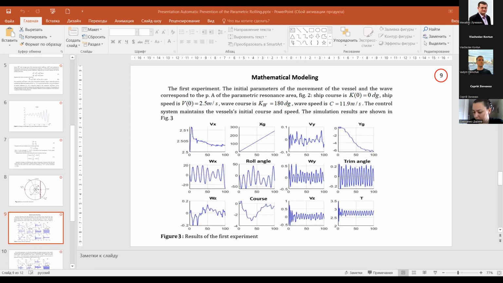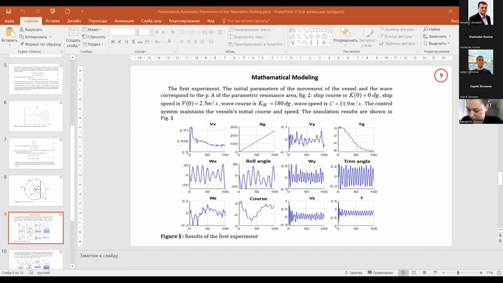As can be seen from these results, the period of forced oscillation is about 6-7 seconds, which can be seen from the period of the vertical speed oscillation Vz, draft T, trim angular rate omega y, and trim angle psi.